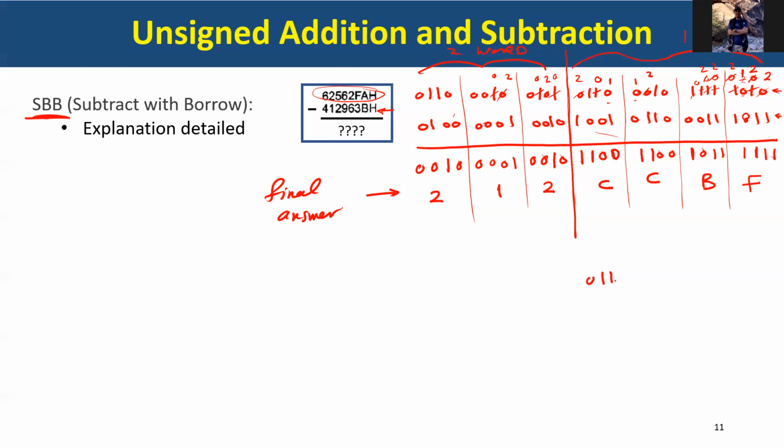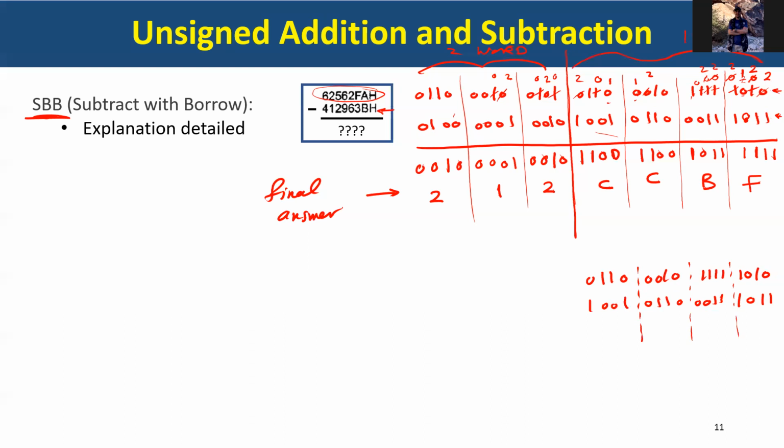So 0110 0010 1111 1010, and we're going to subtract from 1101 1100 0110 1001.